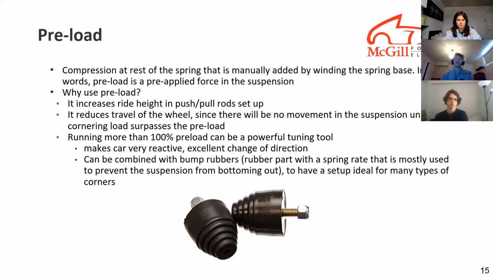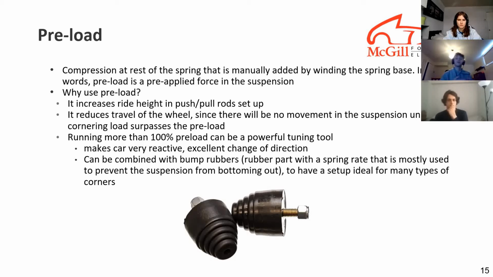Furthermore, this preload can be combined with bump rubbers, which are rubber parts that are used to prevent the suspension from hitting itself when it's very compressed. With this, we can effectively run three different spring stiffnesses. There will be the preload, which will make the car reactive in low-speed corners.